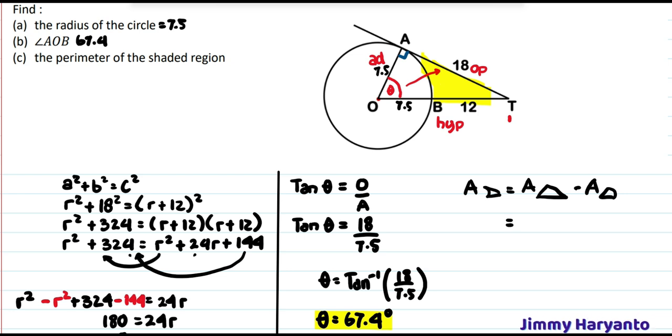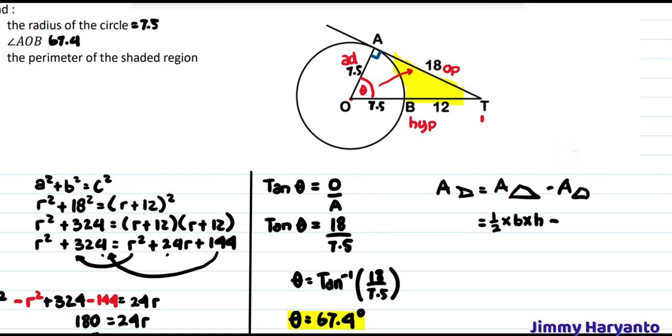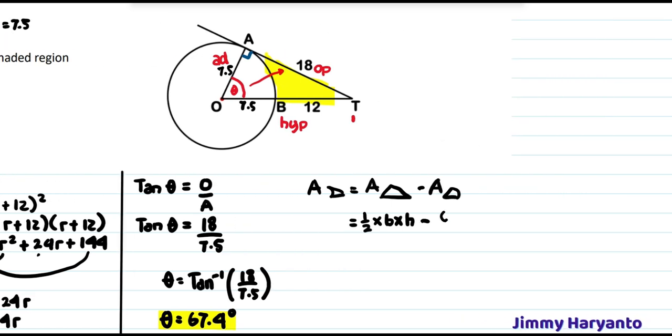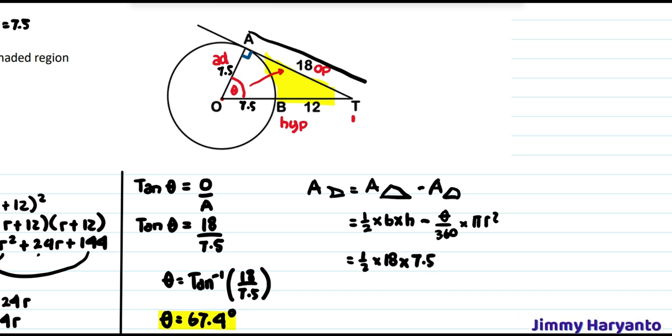For the area of triangle, we already have the base and the height. That means half times base times height. We can use this formula. Minus the area of sector, which is theta over 360 times pi r square. Just input all of the information. We have the base of 18 and the height is 7.5. This is the base of the triangle, this is the height.